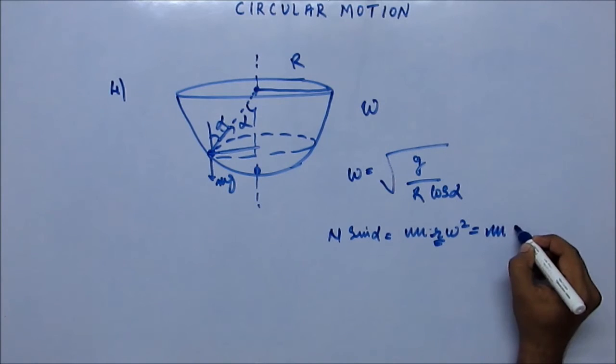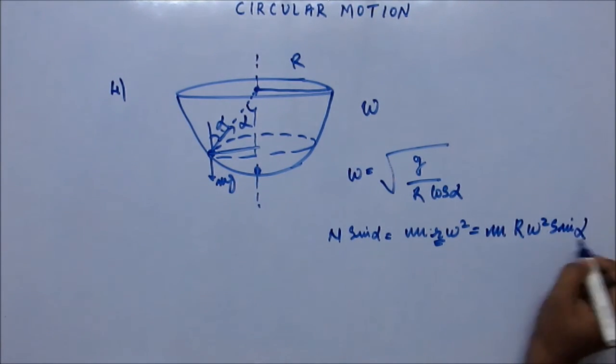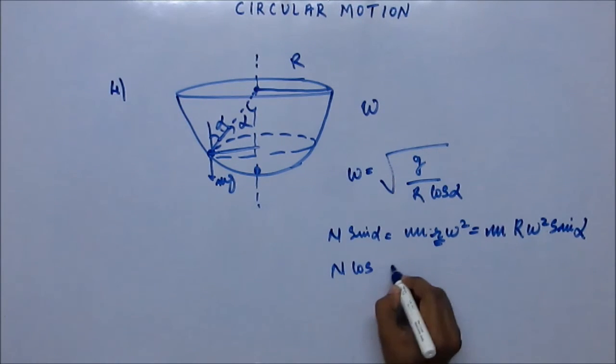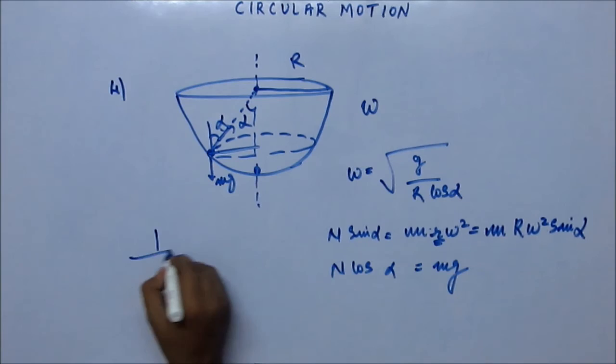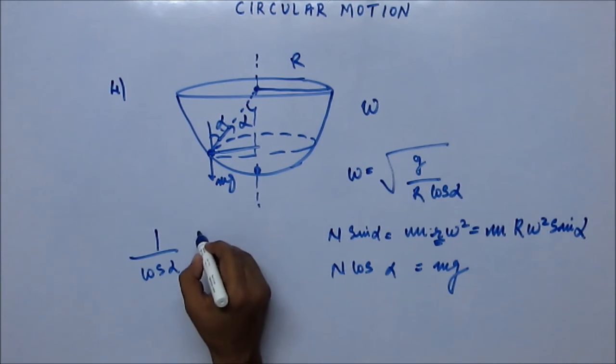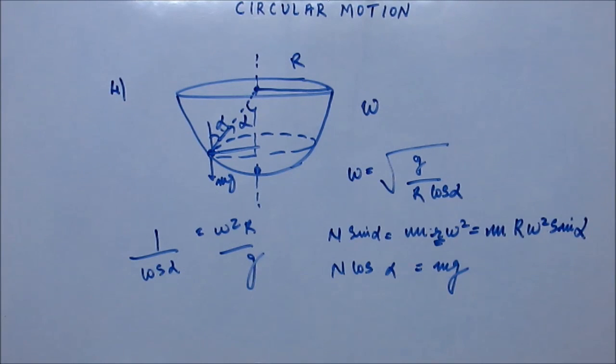So we can write this as m R omega square sine alpha, and N cos alpha is equal to mg. You just have to divide it and you can see that 1 upon cos alpha is equal to omega square R upon g. You can find omega from here. You will get this.